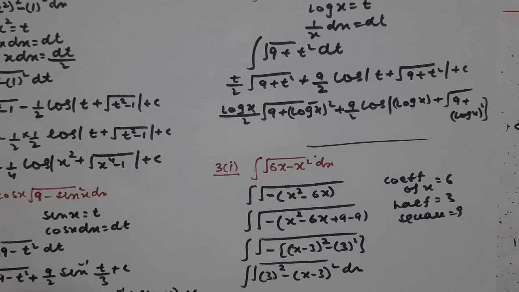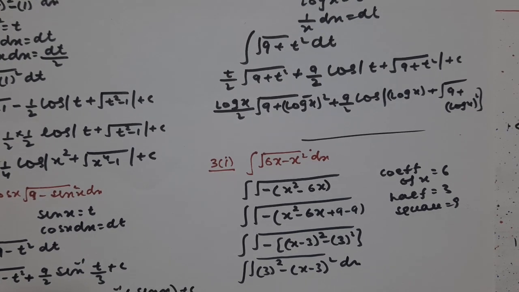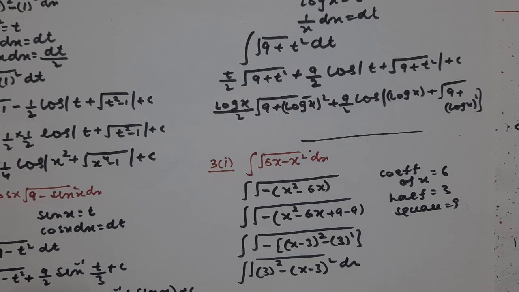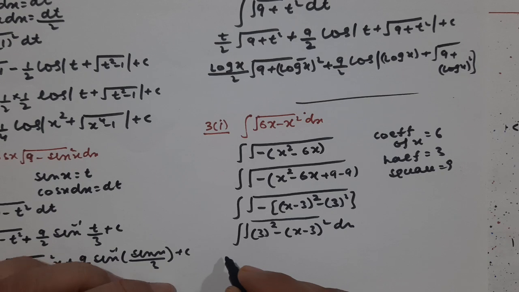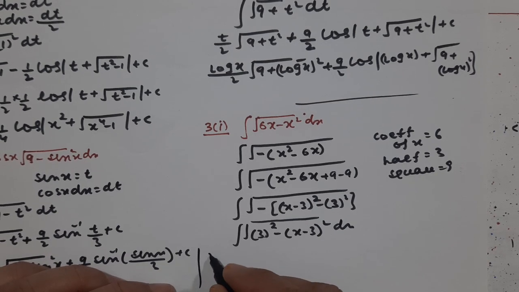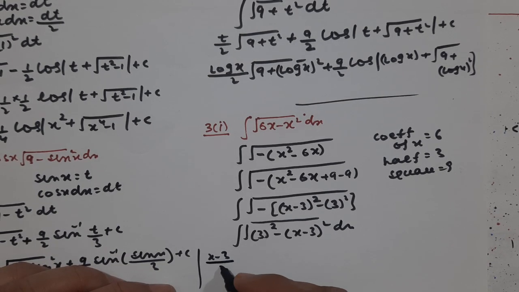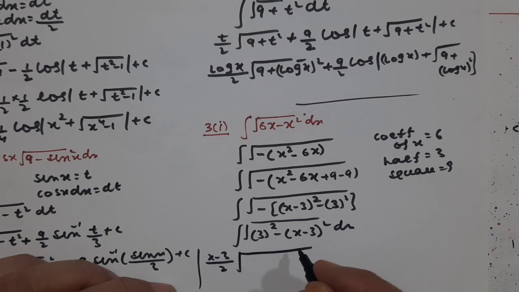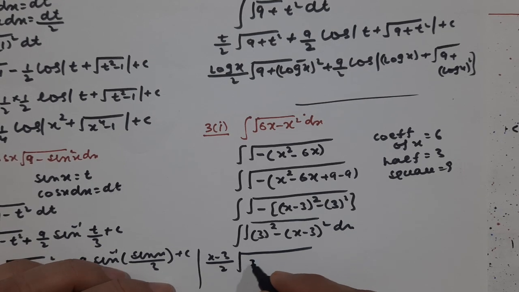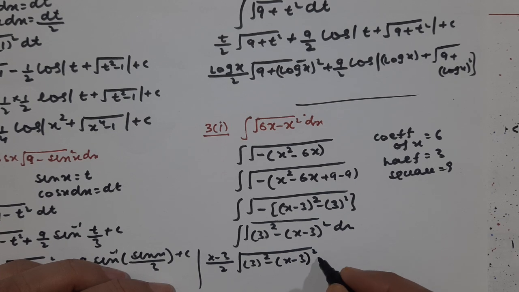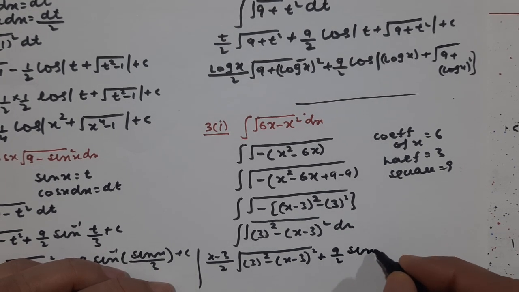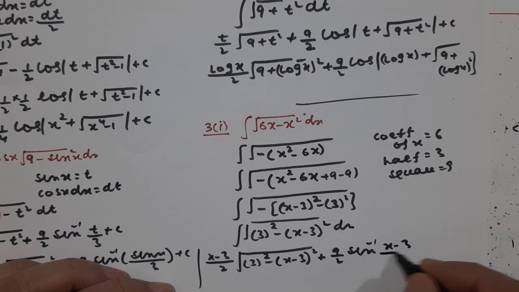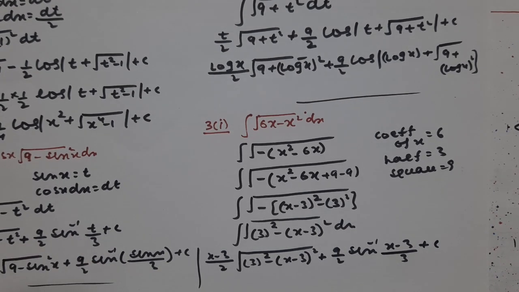Now we can use the formula very easily, and the formula to be applied is a square minus x square. Now let us see. I use the formula. So we write like this: x upon 2 under root a square minus x square plus a square upon 2 sine inverse x upon a plus c.